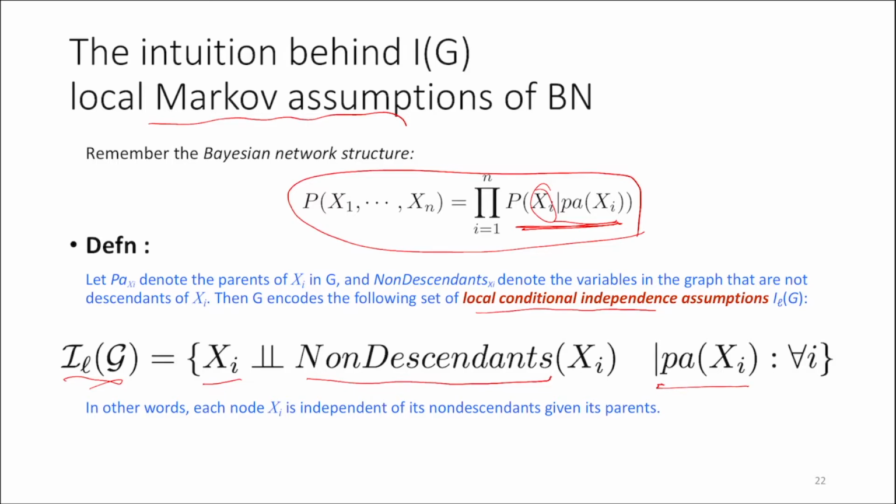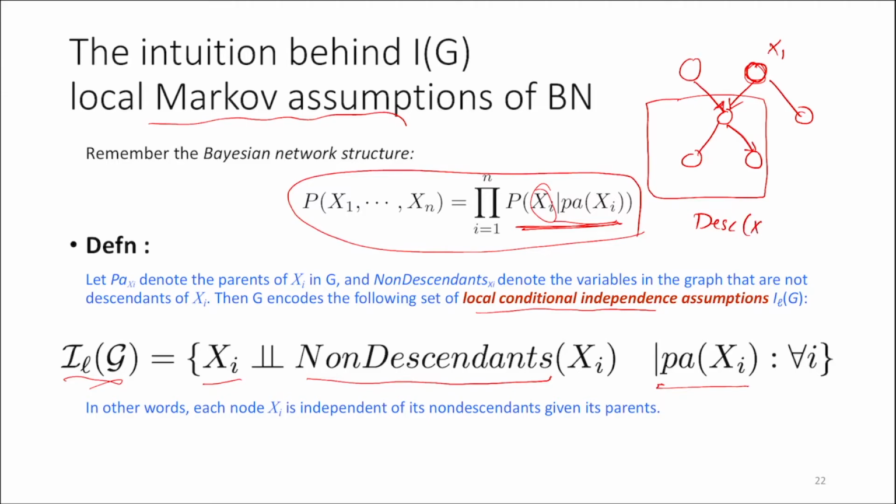So what do I mean by non-descendant? Consider, for example, this specific DAG. This set of variables are all descendants of this random variable. So if it is x1, the set of descendants of x1 are all of these variables here, while these others are not.